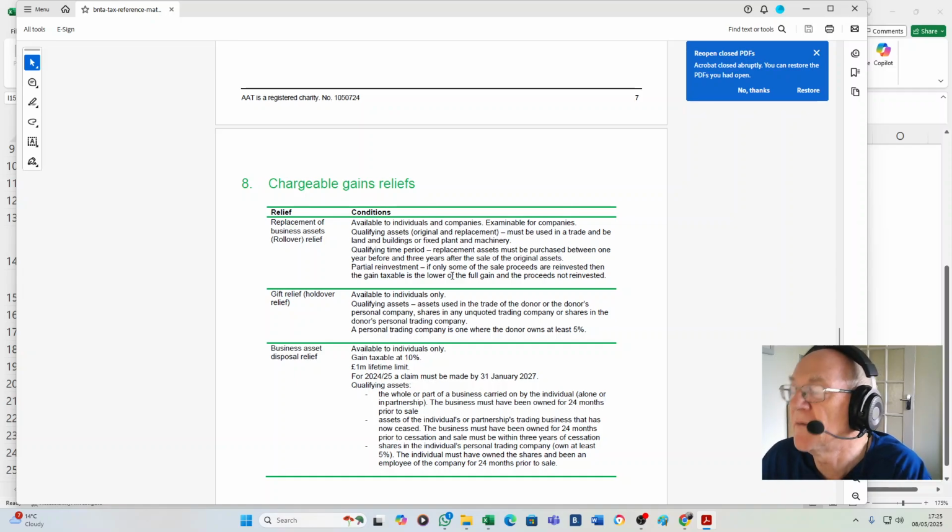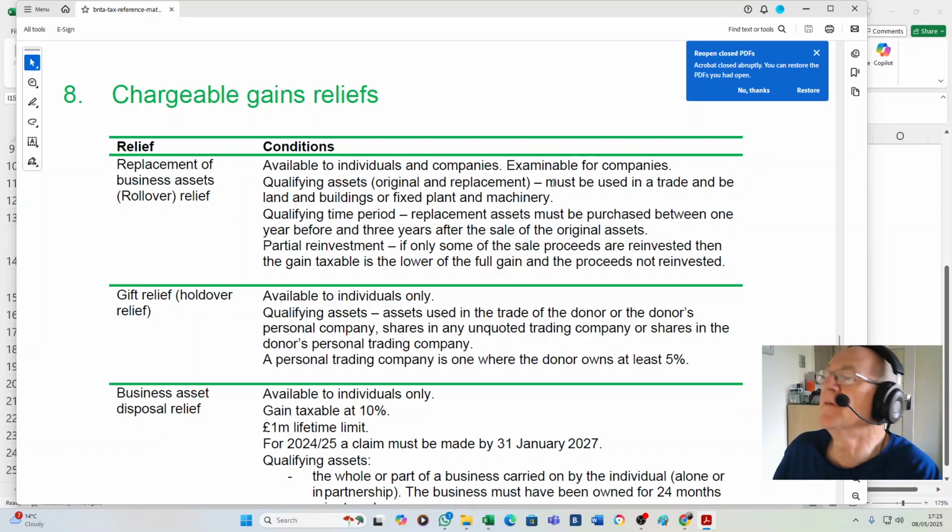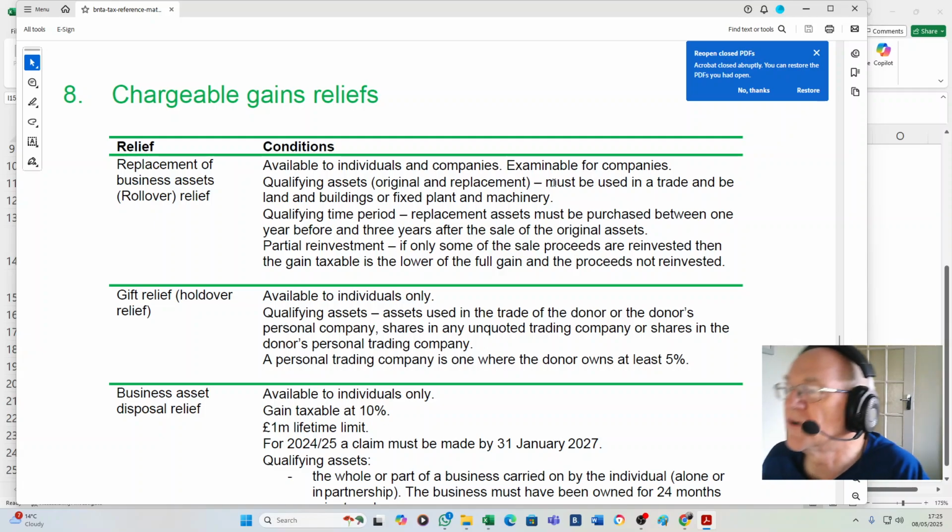It normally only applies to property, most often property and land. In theory it could apply to plant and machinery as well, but they will have been subject to capital allowances, so it's really unlikely you'll ever get a question on that, so I assume it's always going to be property. They've moved from one factory to another. Available to individuals and companies, examinable for companies, so you won't get asked this for a sole trader.